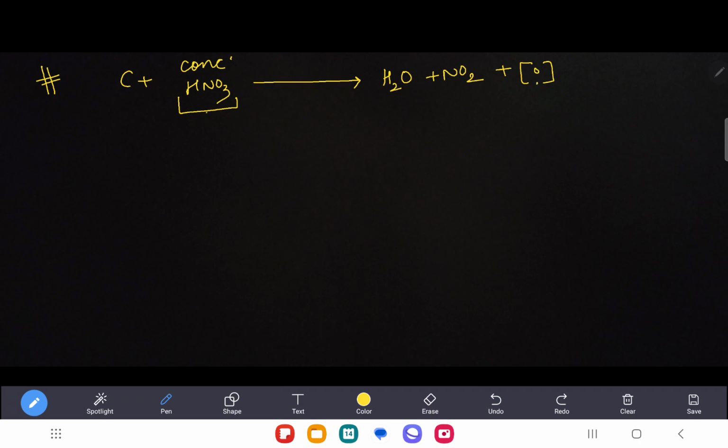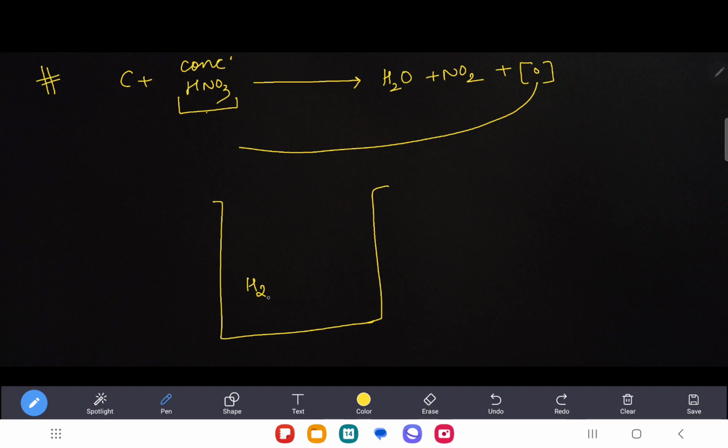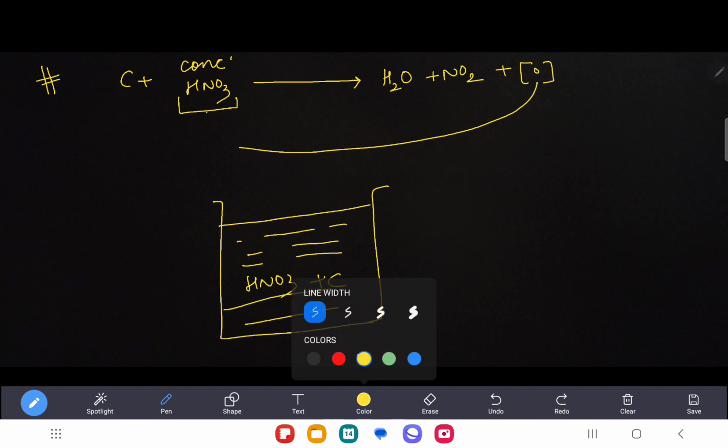Now see, this is a beaker, and we have concentrated HNO3 in this beaker. And there is carbon. And this is the beaker, with a lot of HNO3 in this. So basically, HNO3 is sitting and releasing nascent oxygen.